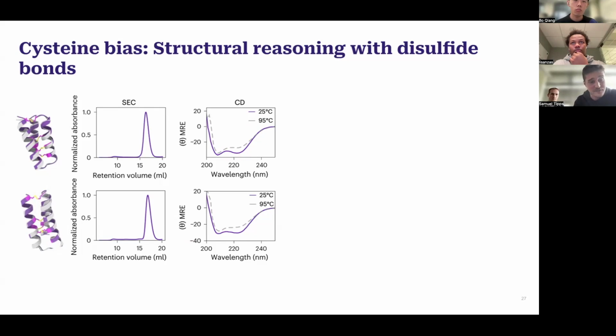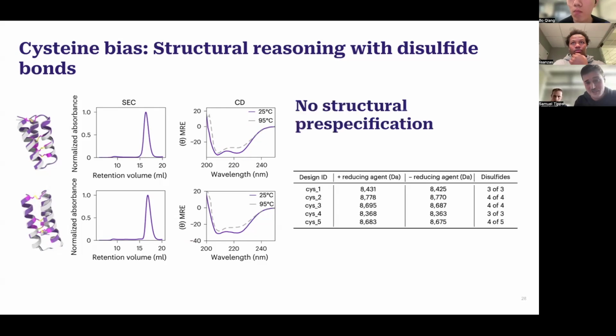But we wanted to confirm that these disulfide bonds were actually forming, which is a really critical part of designing these cysteine biased proteins. And when we took these 5 designs to mass spec, we ran them in the presence of a reducing agent and the absence of a reducing agent, where the difference in mass should indicate the formation or breakage of disulfide bonds, because the reducing agent will disrupt the formation of these disulfide bonds.